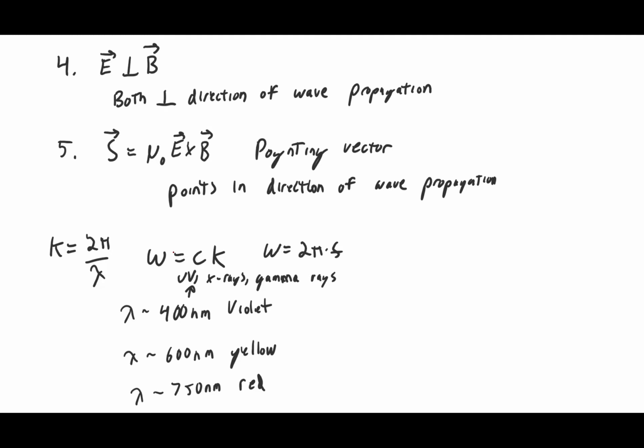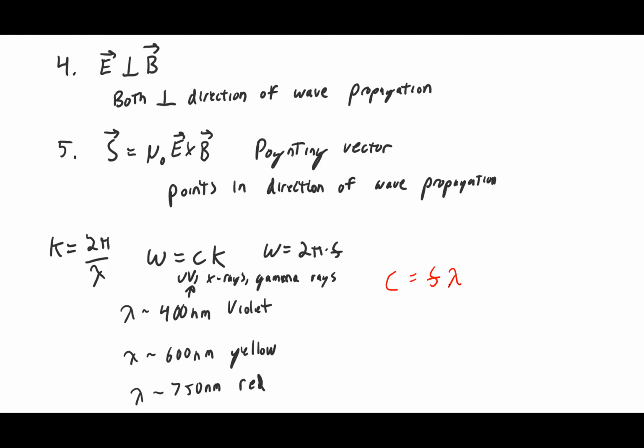Once we've got all that figured out, we can still talk about things like the wavelength and the frequency of the wave. The wavelength and the frequency are still related by the idea that the speed is equal to the frequency times the wavelength, the speed being the speed of light we figured out earlier. Different wavelengths or frequencies correspond to different types of light.